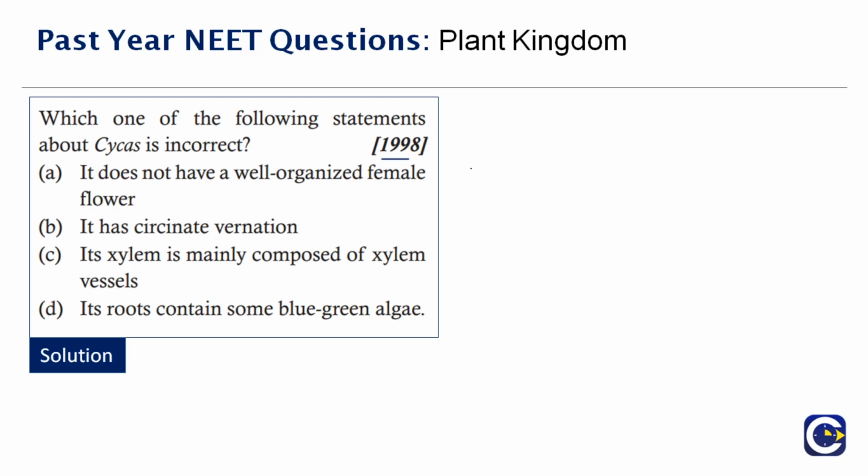Why? Bryophytes, as I already mentioned, are non-vascular plants. Okay, now here we are talking about Cycas. Cycas, if you see, they are cultivated as ornamental plants in gardens and parks, and they live up to 100 years and more. Now this Cycas, when they talk about the xylem system, this xylem has a special feature called tracheids. Okay, I'll write it. It is called tracheids.